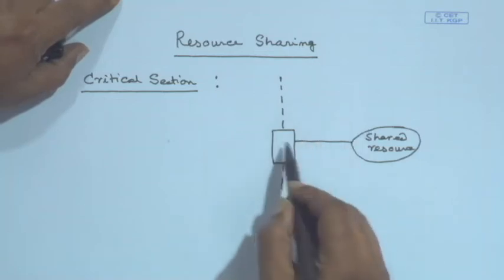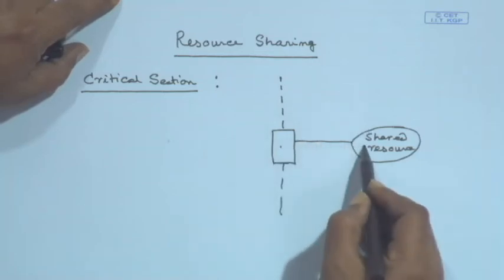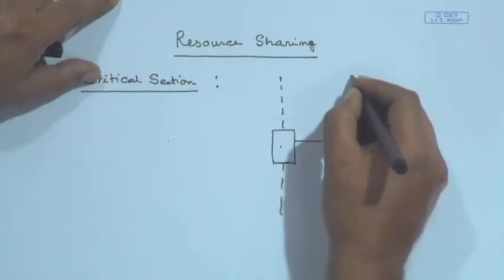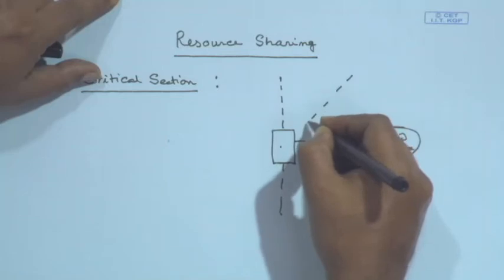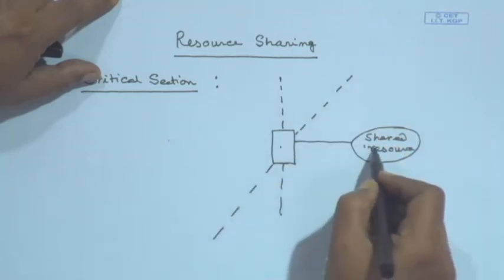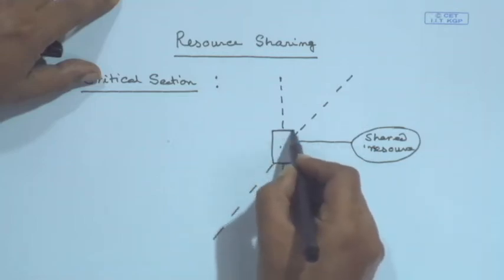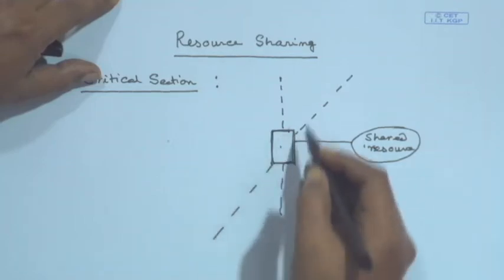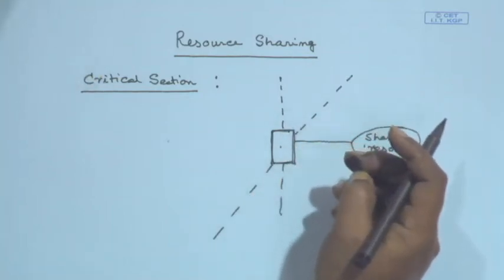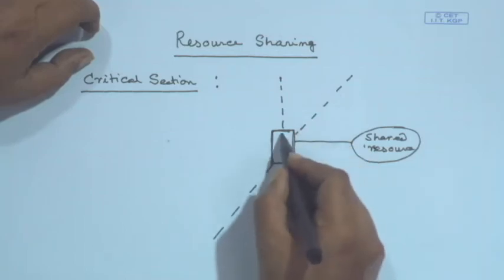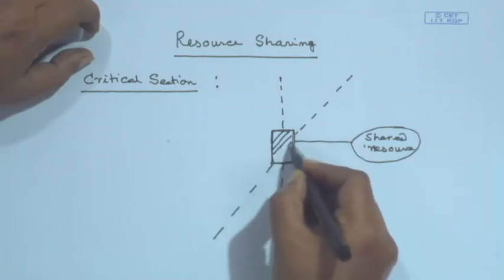All right. That driver is accessing this shared resource, and there is another thread of the program which also wants to access the same shared resource. Now, for that it will use the same driver. Are we going to allow both of them to access this piece of code at the same time?